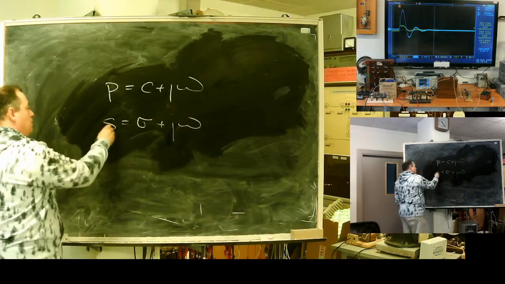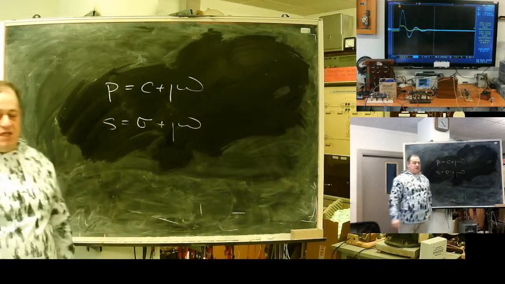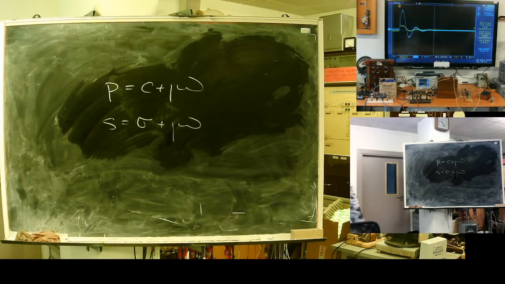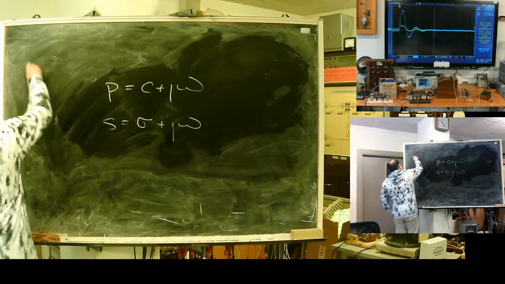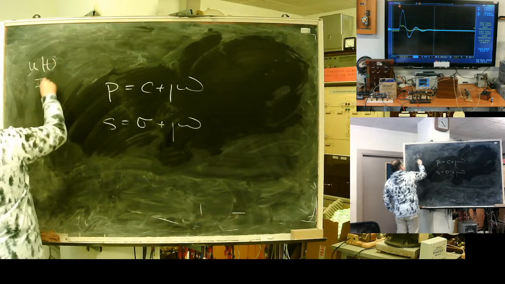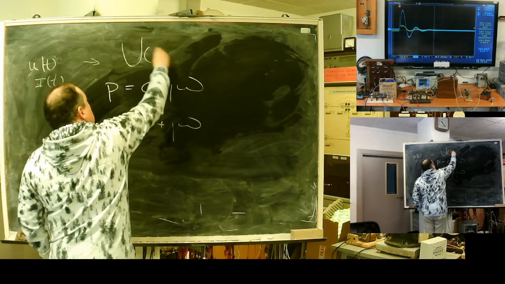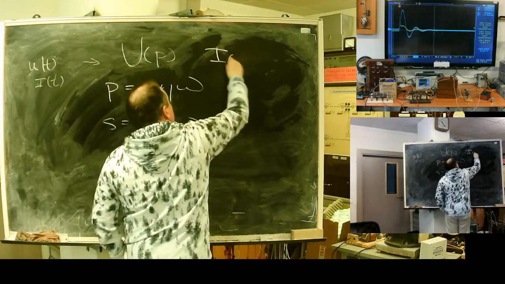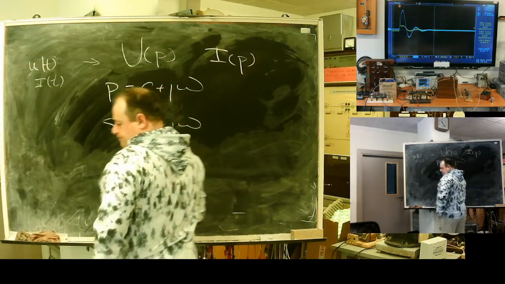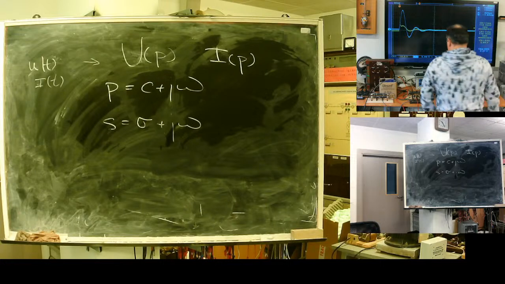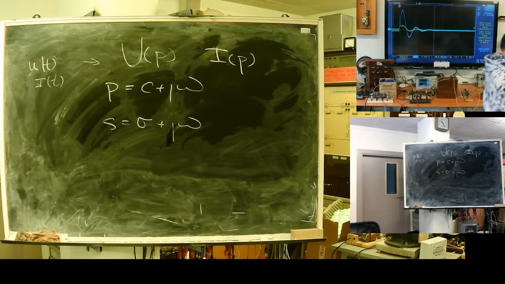You may also find another version of designation. It's the same, no difference. We will not operate with time functions, but with the images in the Laplacian space. Solution itself in Laplacian space is much easier than in time space.